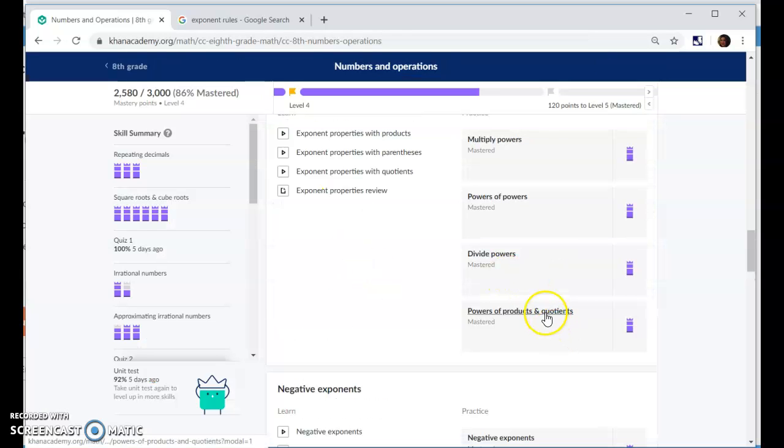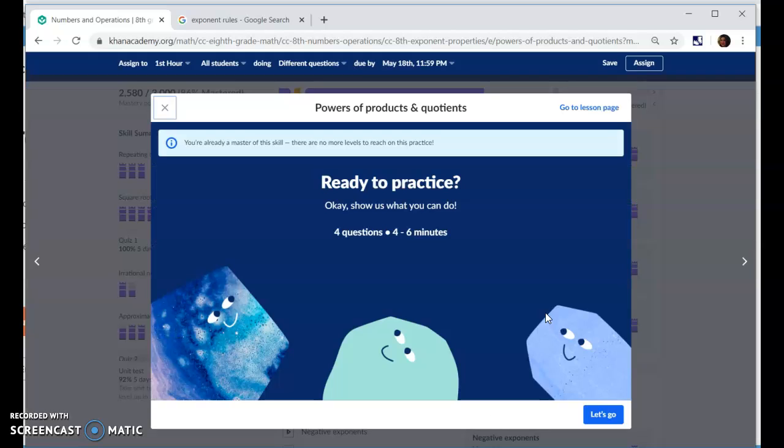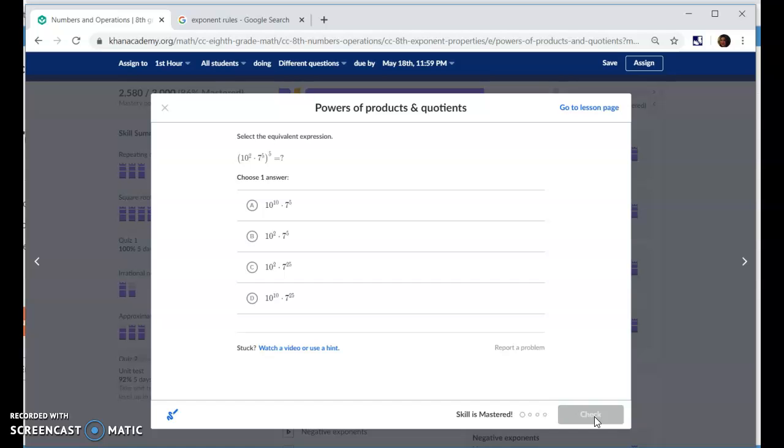And then powers of products and quotients. This is kind of turning out to be a long video here. Okay, so select the equivalent expression. Exponents, or the parentheses, always go first. So how do we do it like this here? Well, we're going to take a look at our exponent rules.